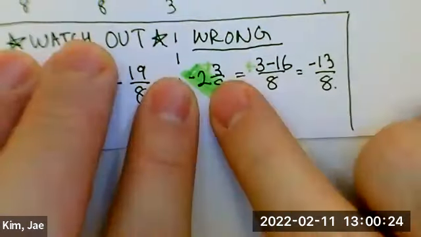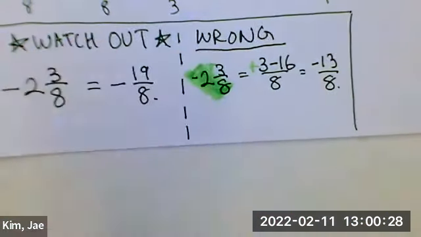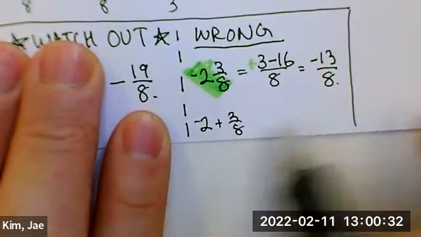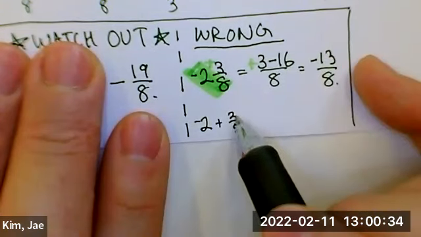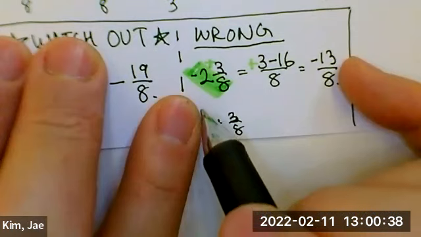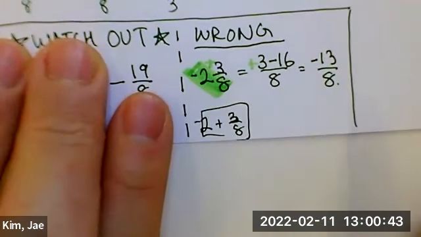It's not that it's a -2 with a +3/8. This is not -2 plus 3/8. It's not that. It's not separate. So the 2 and the 3/8 are together, and all of that happens to be a negative.